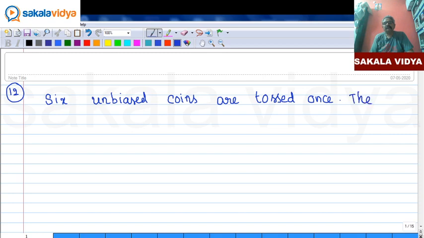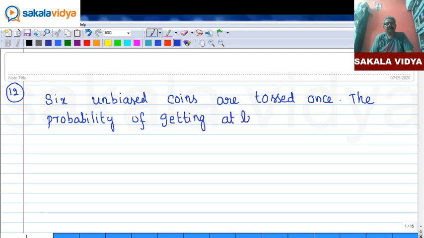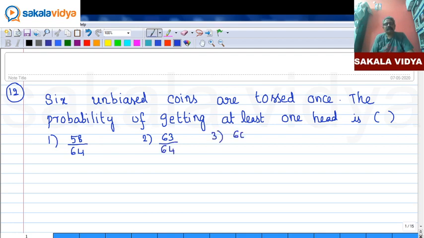The probability of getting or obtaining at least one head is: first option 58/64, second option 63/64, third option is 60/64, fourth option 61/64. This is the question.